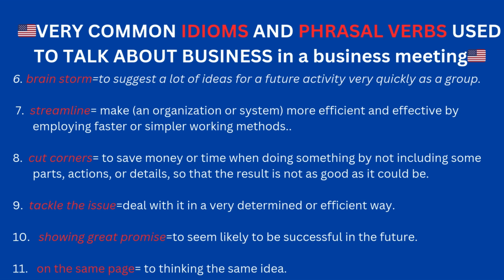And number nine is tackle the issue. This is to deal with it in a very determined or efficient way. So to tackle something like in American football, you get on top of it and you take it down. So you need to tackle the issue, get it solved, get a solution with great energy and effectiveness.